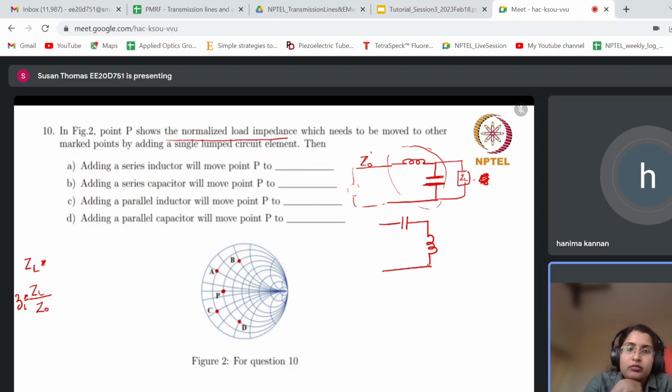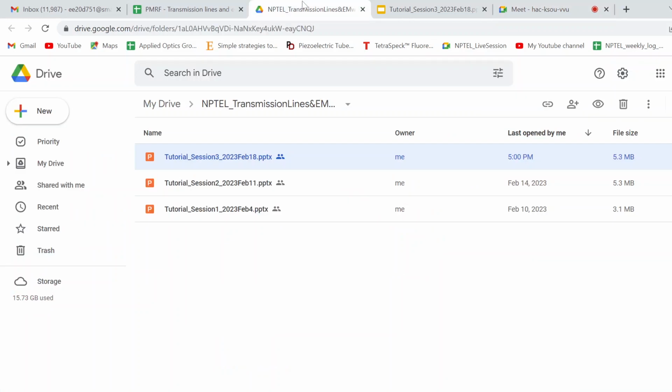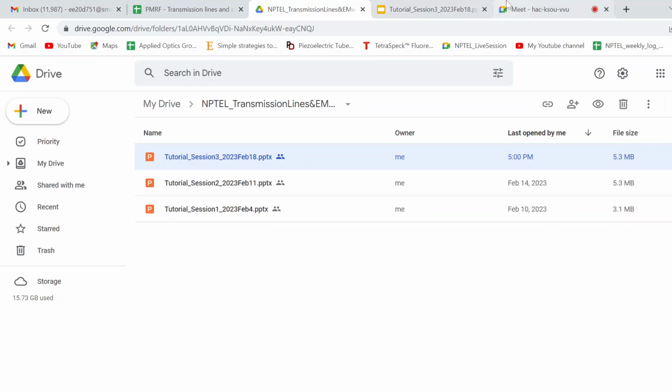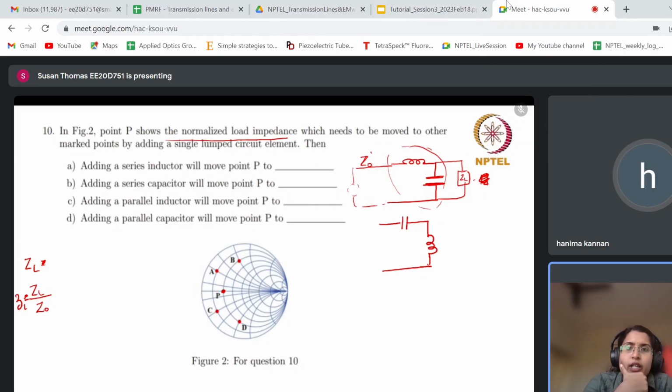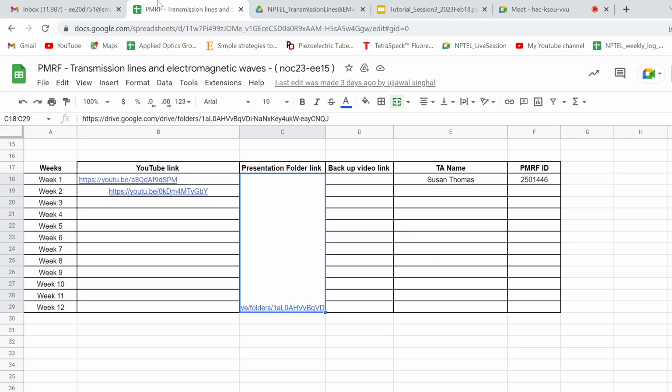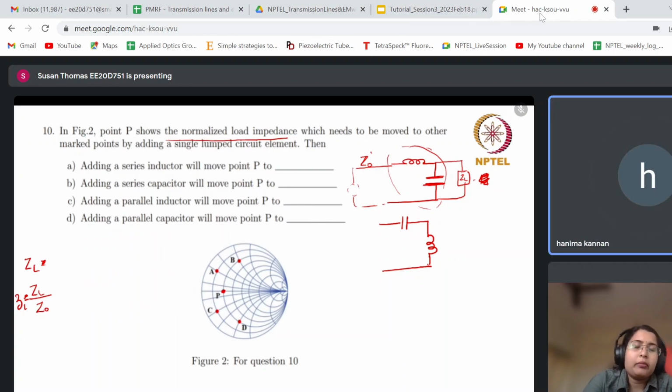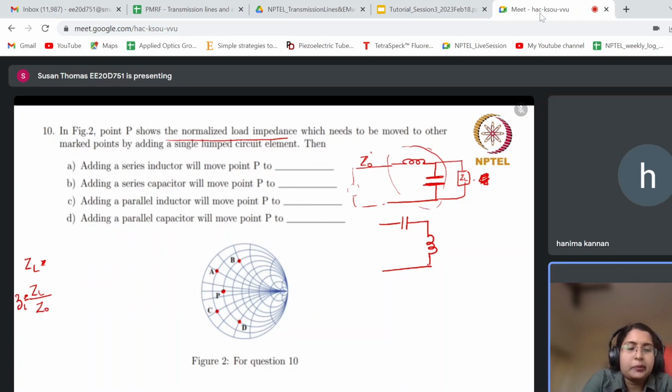Ma'am, where is the recording section available? In the NPTEL site, where you have the course page, you have an Excel sheet link. This will be linked to that.